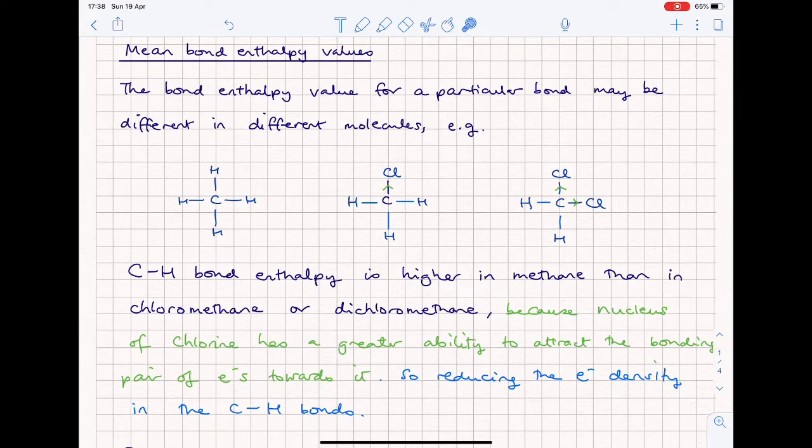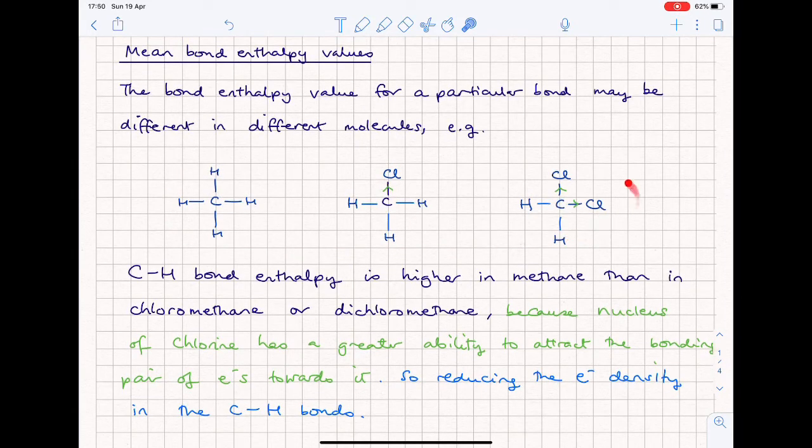So for example, if we compare the bond strength of carbon-hydrogen bond in these two molecules, the bond strength of the carbon-hydrogen bond is going to be weaker in this molecule compared to this molecule. And the reason is the chlorine nucleus has a greater ability to attract electron density away from the rest of the molecule. So the electron density between the carbon-hydrogen bond is going to be reduced because these electron densities are withdrawn towards the chlorine.